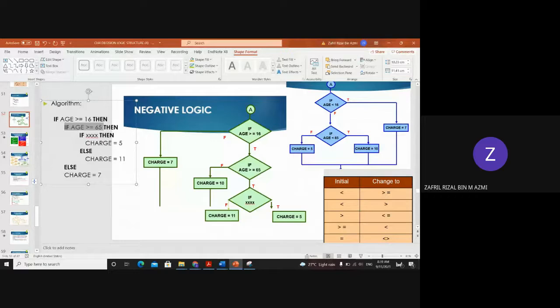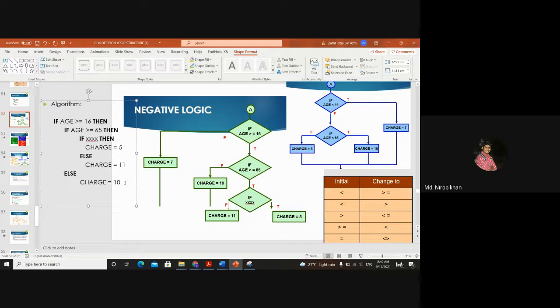So it should be in line with this one, not with this, charge equal to 10. Right. Okay, and then this should be 10.